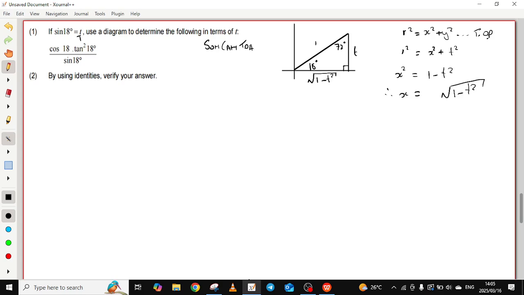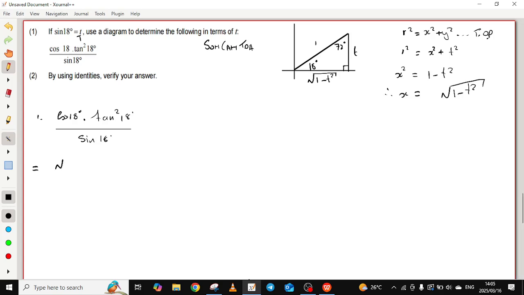So the first part, they say here cos 18 degrees times tan squared 18 degrees divided by sine 18 degrees. So this is nice. Cos is CAH, which is adjacent over hypotenuse.